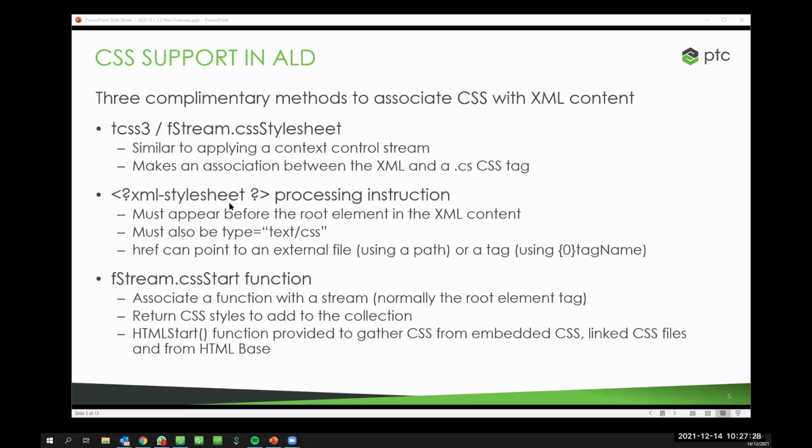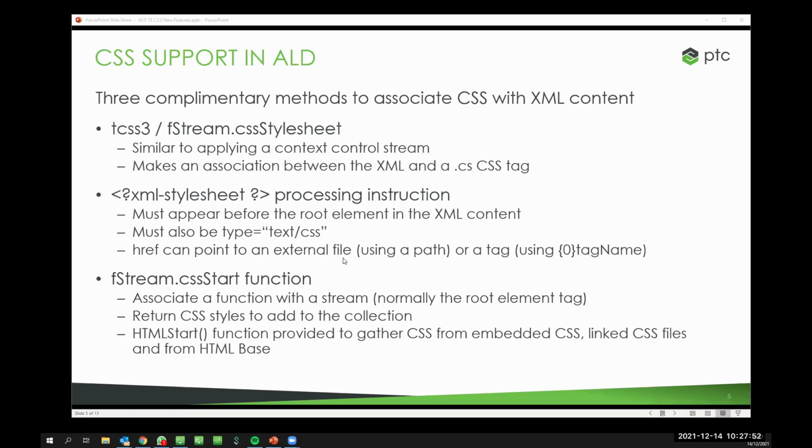We also support the XML style sheet processing instruction in your XML. That's an option that you need to turn on in the document preferences, but you can just let ALD pick up the CSS from wherever it is using XML style sheet. That CSS file can be either an internal tag or it can be an external file if you want to.